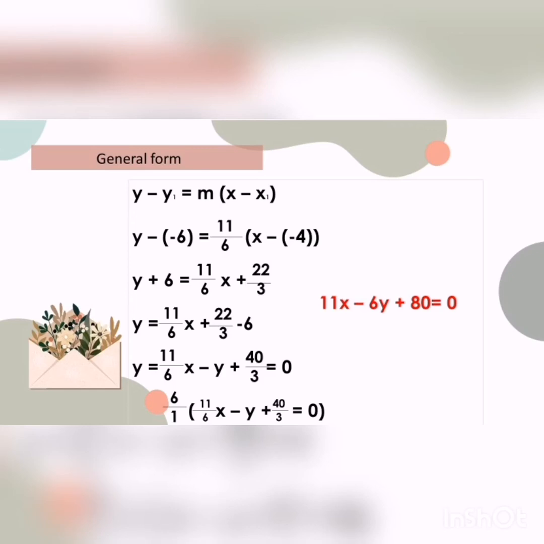Since we have all the additions or subtractions, in case there are fractions, we change them to whole numbers, which equals 11x minus 6y plus 80 equals 0. And this is how we get our result with the general form.